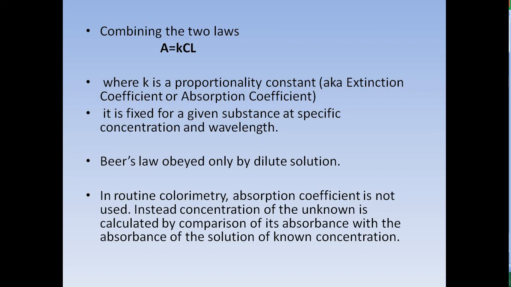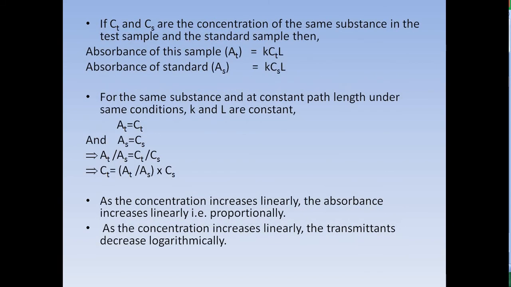In routine colorimetry, the absorption coefficient is not used. Instead, the concentration of the unknown is calculated by comparing its absorbance with the absorbance of a solution of known concentration. Now we'll go to the deduction part.